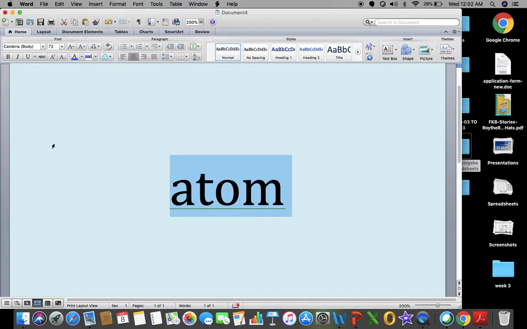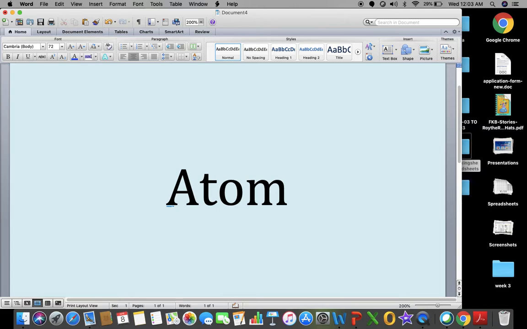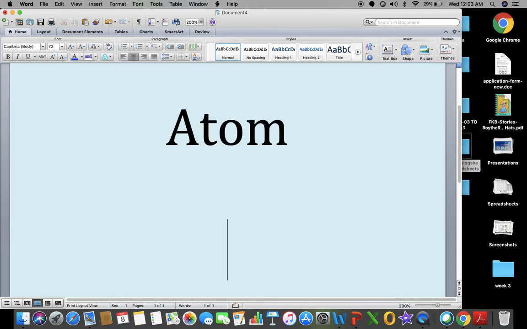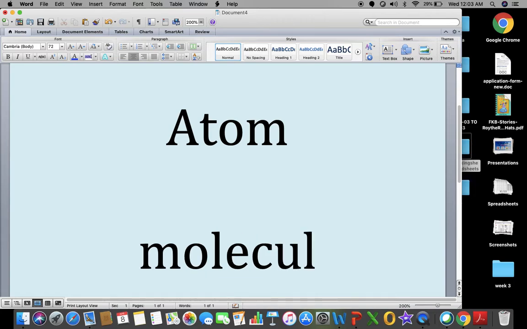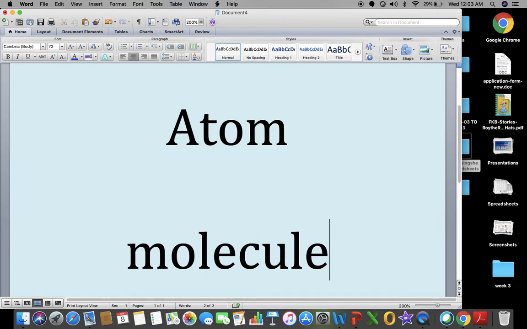Now, what does an atom mean? It's the smallest particle which can't be further divided. That's an atom. And what does it mean by molecule?